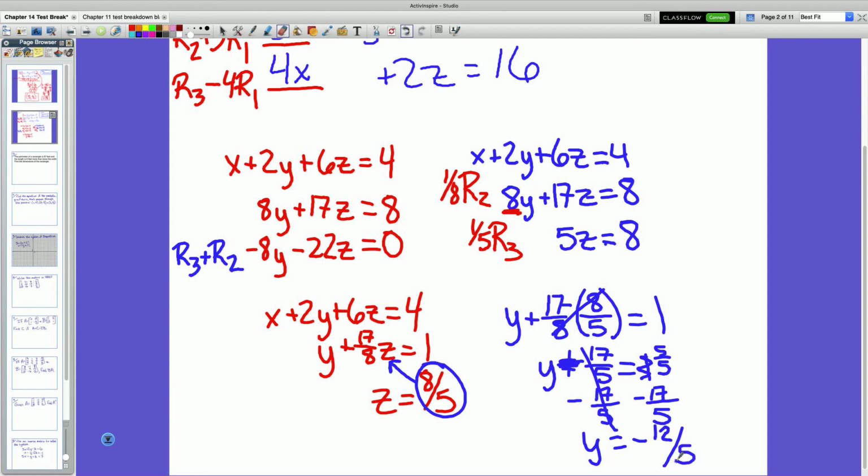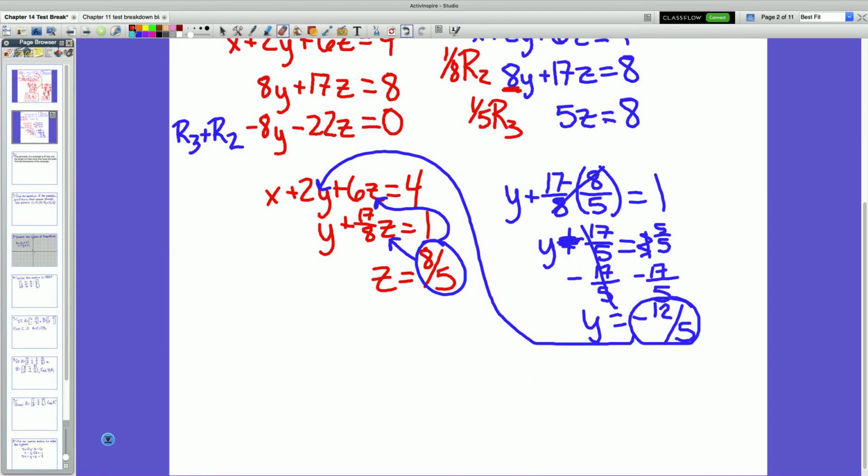Right? And then I plug both of those in up here. So I'm going to plug this in there too. I need a little more room here. So now I'm going to have x plus 2 times -12/5 plus 6 times 8/5 equals 4.